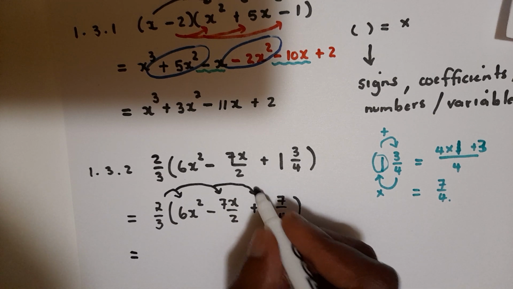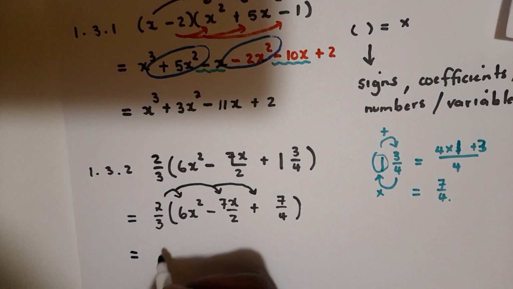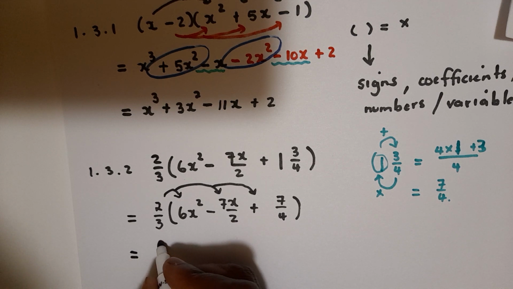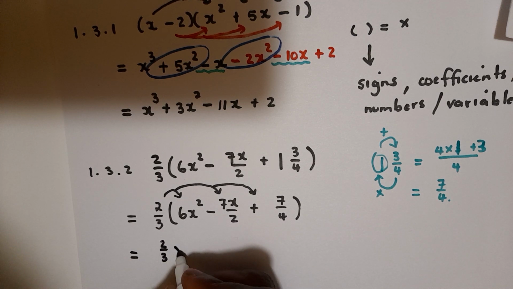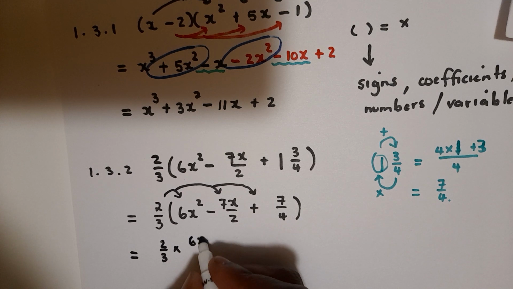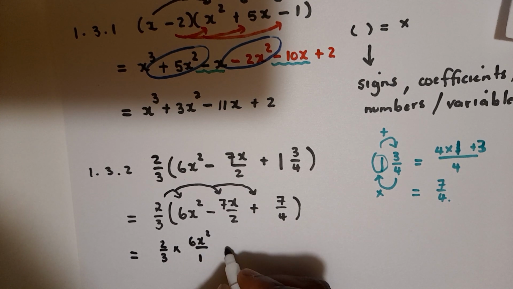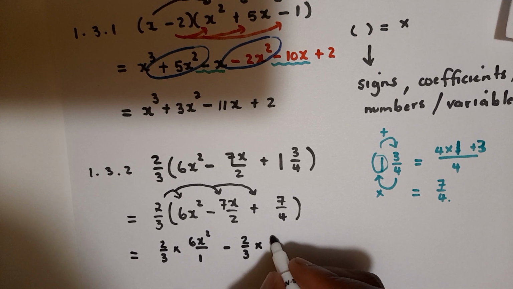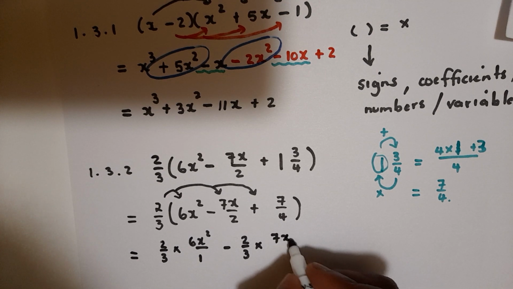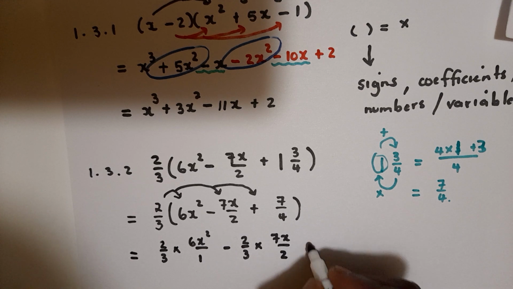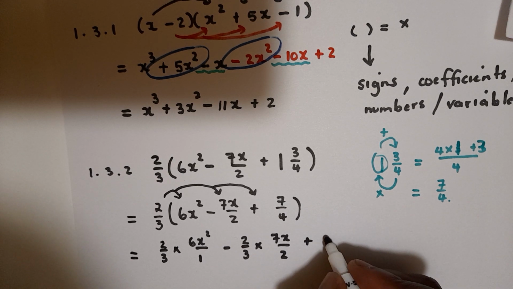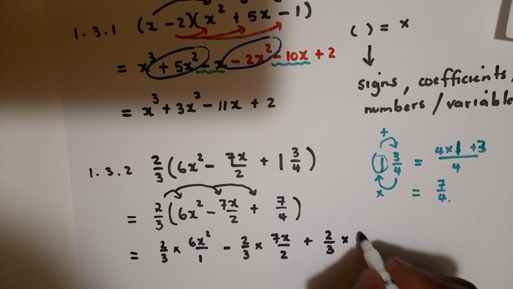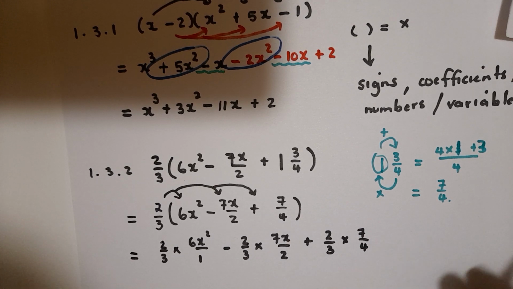This is the distribution. Whenever we multiply fractions, numerators multiply together. So I'll have 2/3 multiplied by 6x squared divided by 1, minus 2/3 multiplied by 7x divided by 2, plus 2/3 multiplied by 7 by 4.